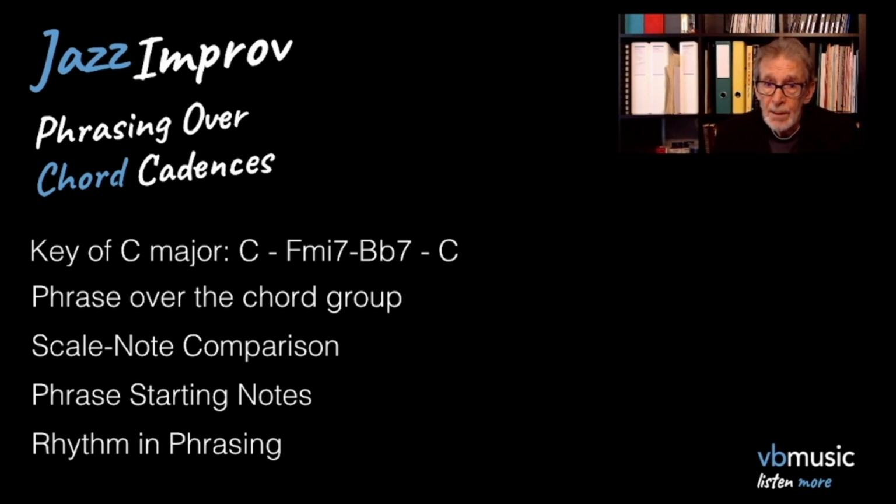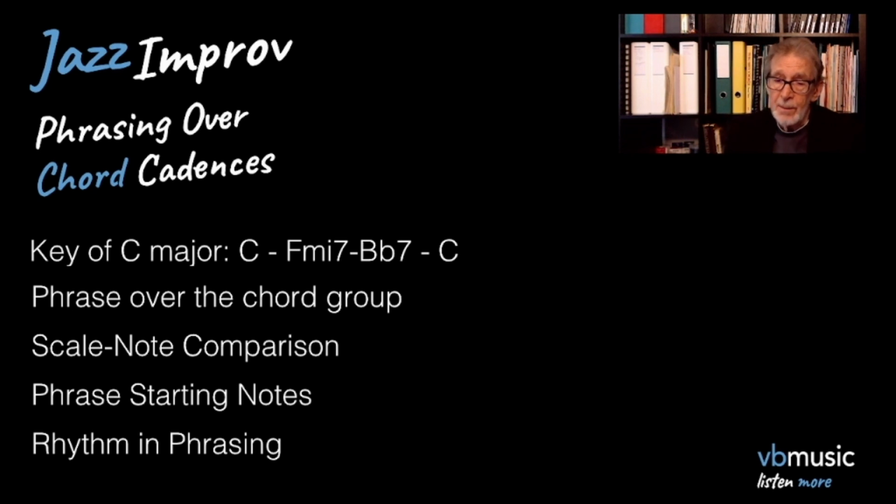One measure of B flat 7. C major 7. From there continues the following phrase. So the idea is to conceive of a phrase which will span, as it were, all of those chords in that particular sequence or in that cadence.